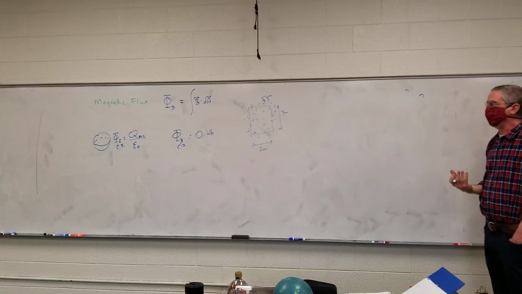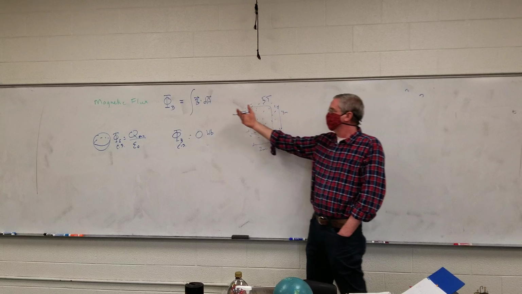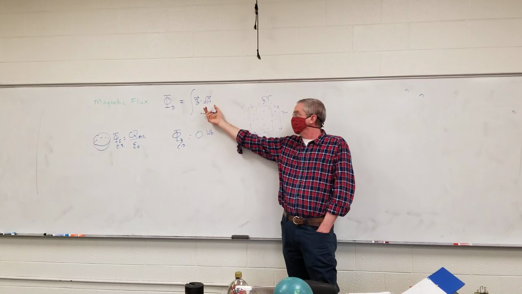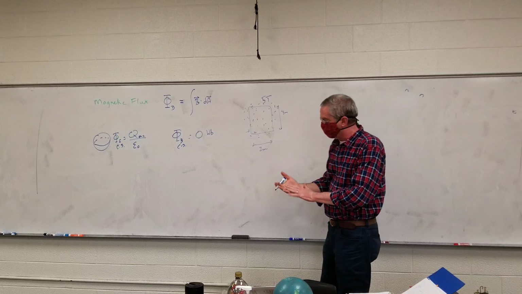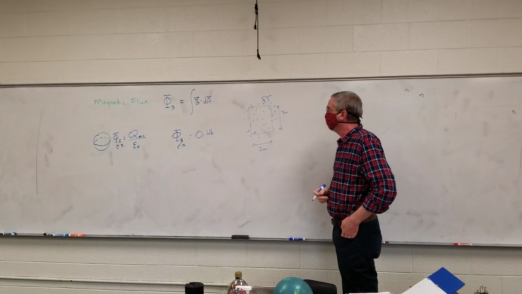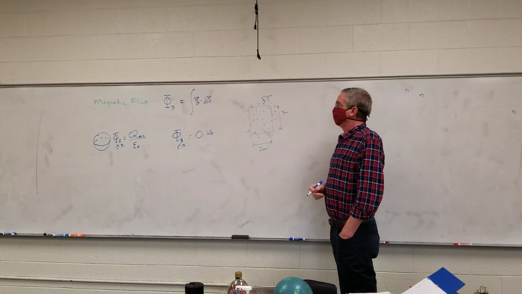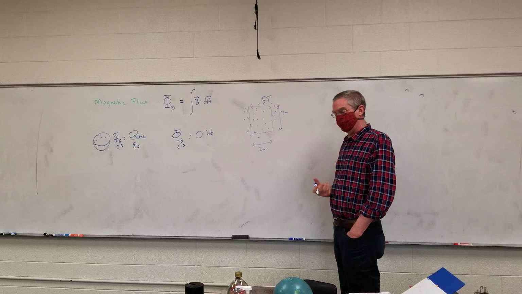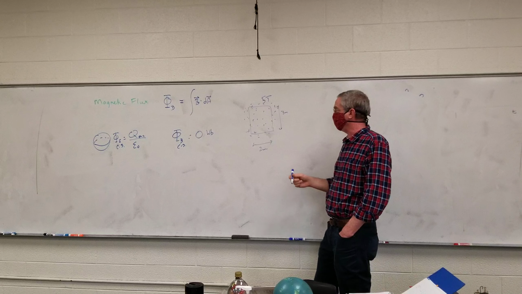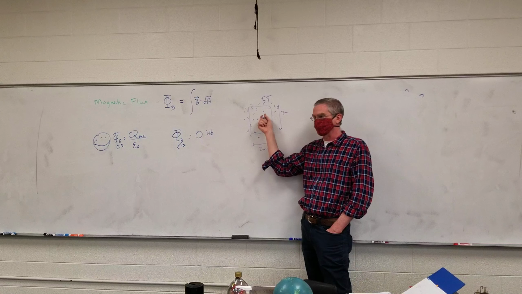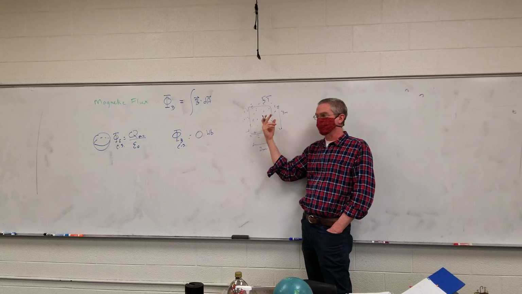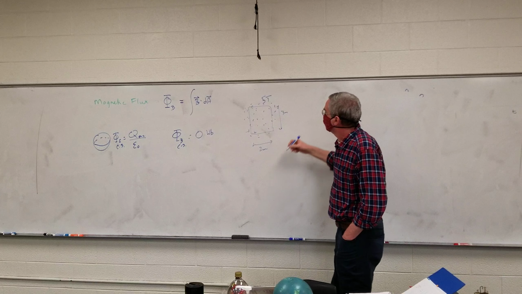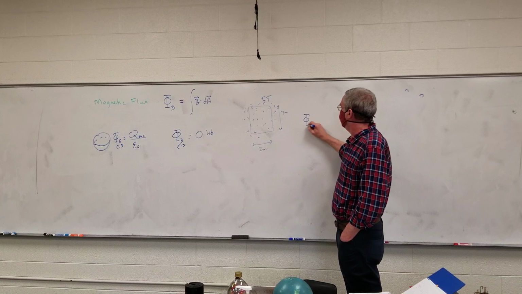The magnetic flux, well, we can go to our definition right here, but since B is constant, we can pull it out. Since B and A will be parallel to each other, because the area vector is perpendicular to the surface, and B is perpendicular to the surface coming out, we end up with a magnetic flux.